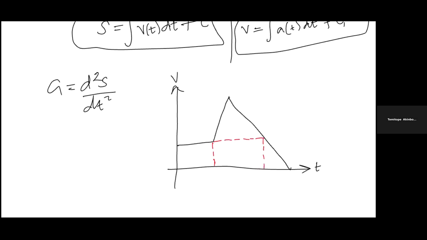So this is 1, 2, 3, 4. A1 gives us the shape of a rectangle. A2 gives us the shape of a triangle. A3 gives us the shape of a rectangle. And A4, another triangle. Do you understand that now?